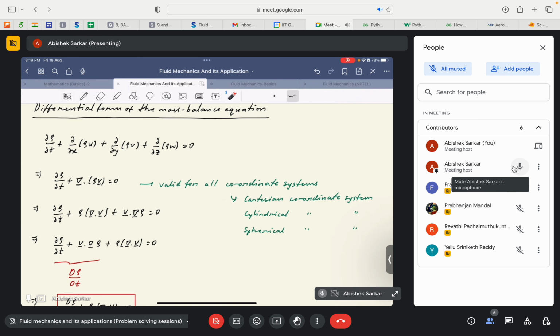Then again, if you are dealing with, say, a flow through a pipe, or Taylor-Couette flow, or rotation of a shaft in a confinement, or bearings, in those cases we deal with a cylindrical coordinate system.